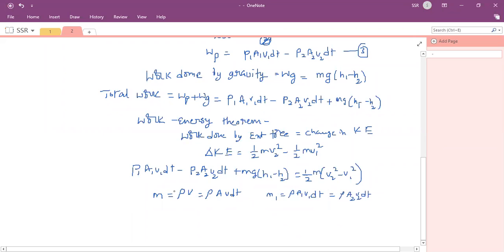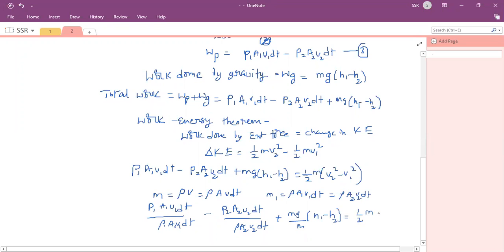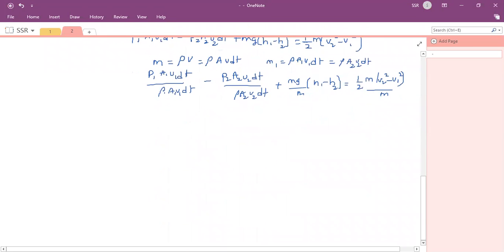So divide by mass both sides. Then P1 A1 v1 dt divided by rho A1 v1 dt minus P2 A2 v2 dt divided by rho A2 v2 dt plus mg by m times (h1 minus h2) is equal to half m (v2 square minus v1 square) by m. Divide both sides by m. Then what can you write here?